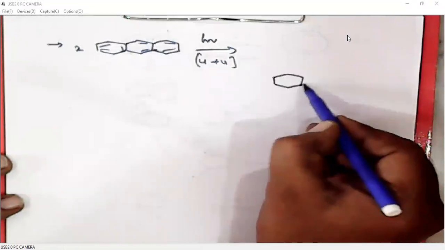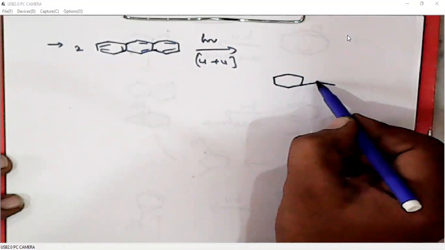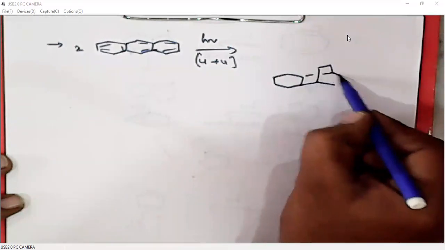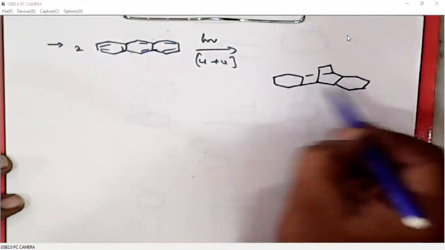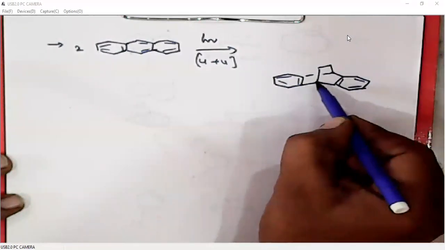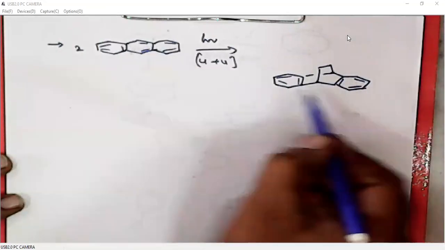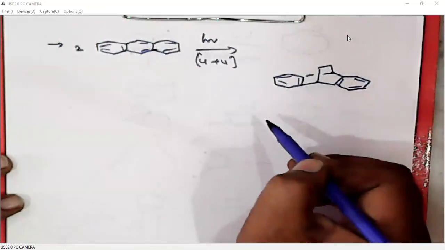The product is, these are the dienes. This double bond will be involved in cyclization with another.